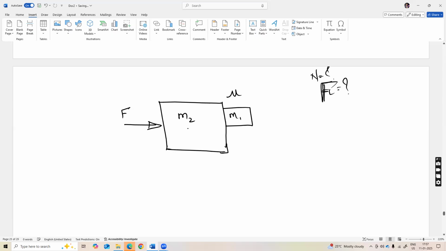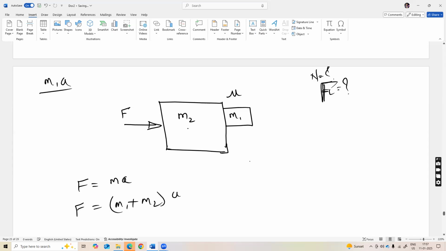What we generally need to find the normal reaction and limiting friction is the pseudo force. Basically, pseudo force is m1 into a in this case. So first we have to find the acceleration. Since F is given as ma, and the system's mass is m1 plus m2, F equals m1 plus m2 into a.